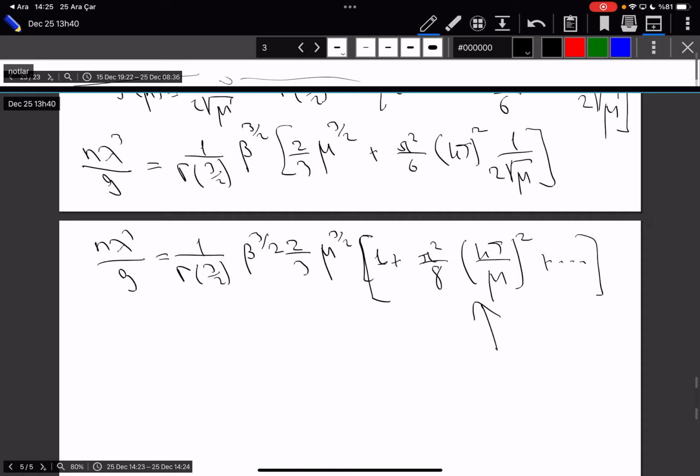The one term does give me the Fermi energy, but you see, if I put T equal to 0, lambda diverges, both sides diverge because both sides are proportional to 1 over T to the power 3 halves.